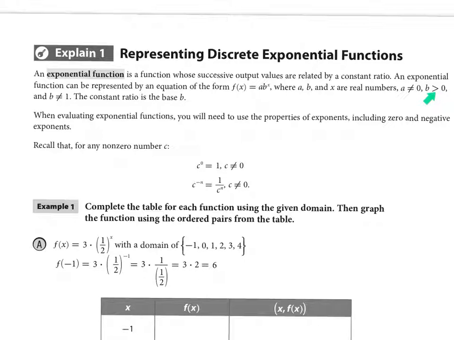B must be greater than 0, and b cannot equal 1. If b is something less than 0, then we do not get an exponential function. We get something different, which we will look at later on. If b is equal to 1, then you're raising 1 to some power, which is always 1. So then, again, this becomes just a constant function.